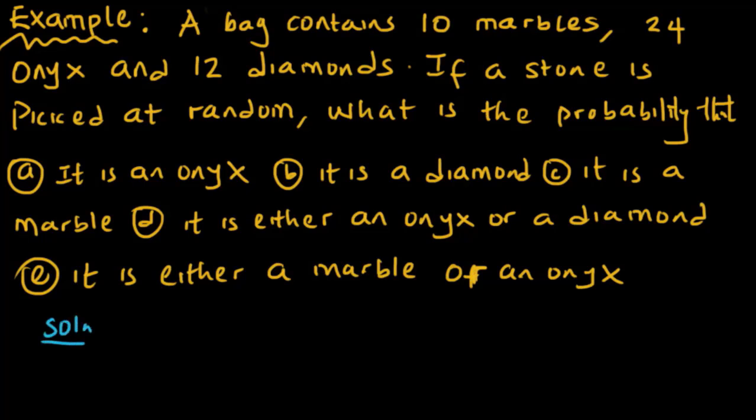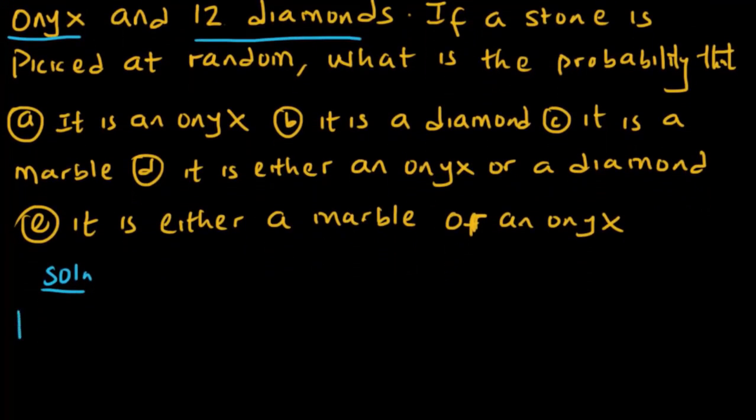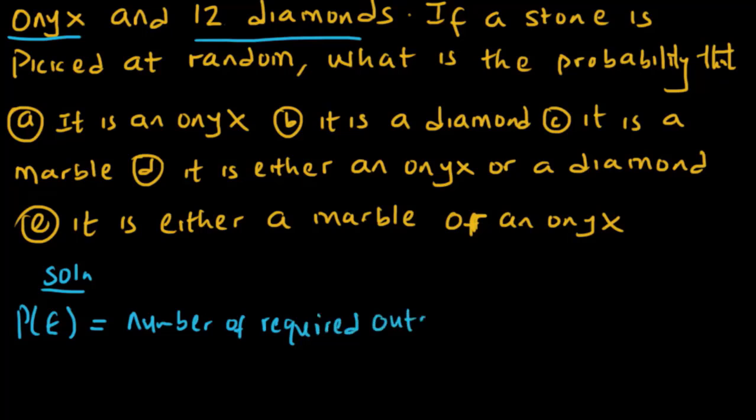So remember, we're told that we have 10 marbles, 24 onyx, and 12 diamonds. Now the first thing we want to do is to write the formula for probability. Probability that an event will occur is the number of required occurrence or required outcome all over number of possible outcomes.